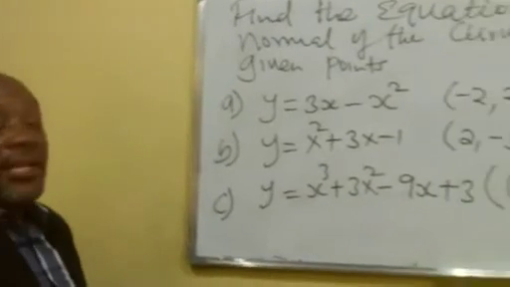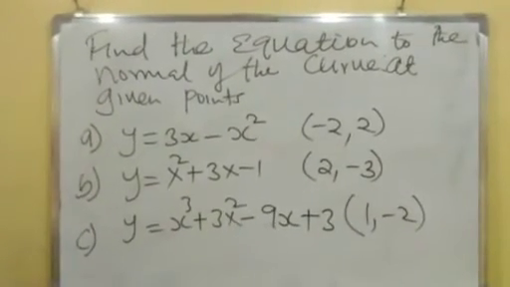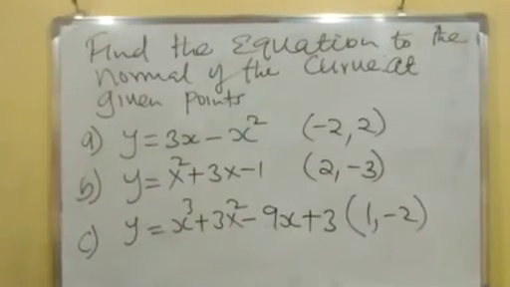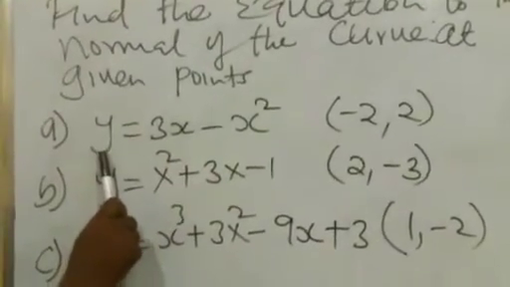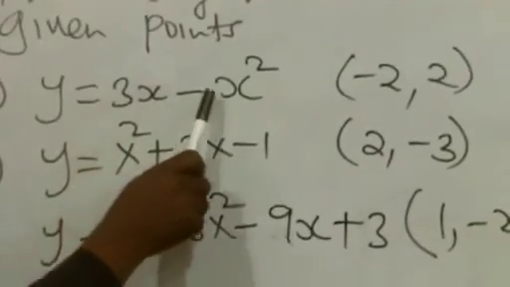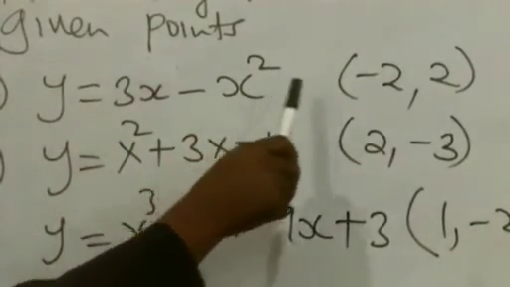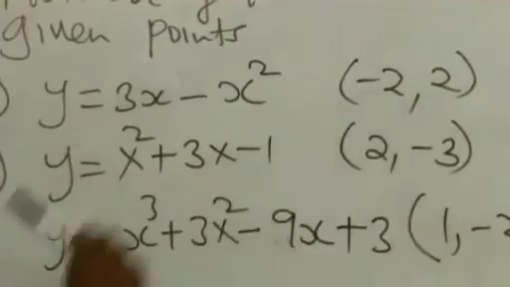The first question is, find the equation of the normal of the curve at the given point. The equation is y equals 3x minus x squared at the point -2, 2.